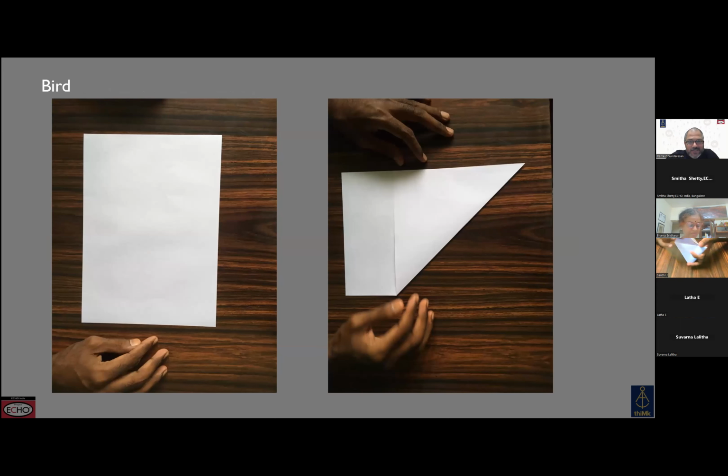We have one more exercise. Yes, one last. Again, we make the square shape from this A4. We fold this one and then we cut it.